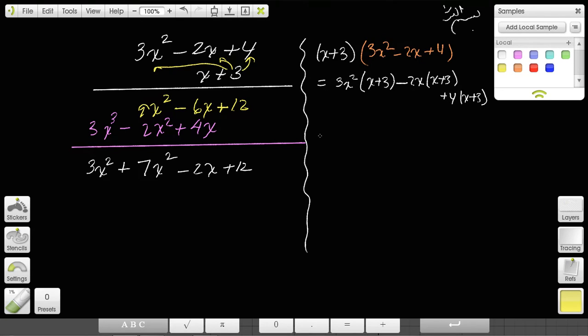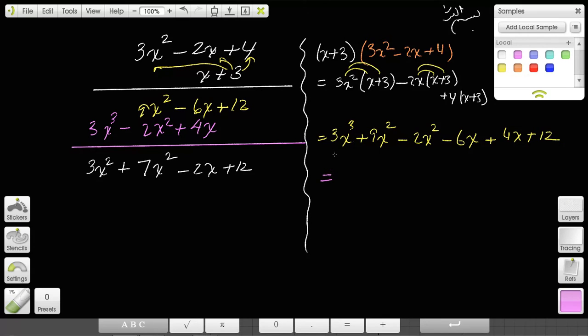And then you would distribute again. So you get 3x cubed plus 9x squared. You have to be careful. Minus 2x squared minus 6x. And then finally you have 4x plus 12.